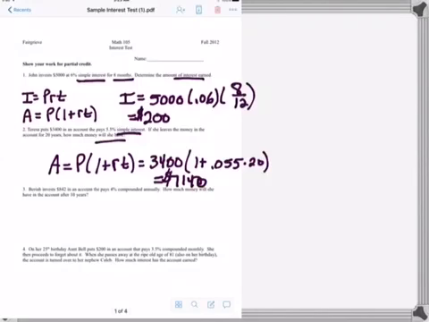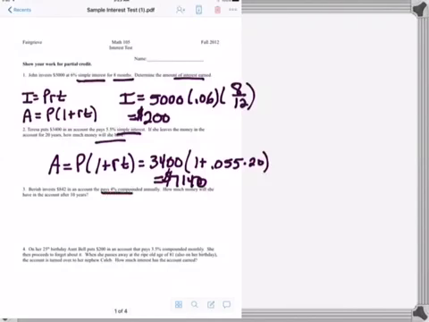Now as we come to example 3 here, it says Pariah invests $842 in an account that pays 4% compounded annually. How much does she have in the account after 10 years? Okay, so the first thing we see here is compounded.